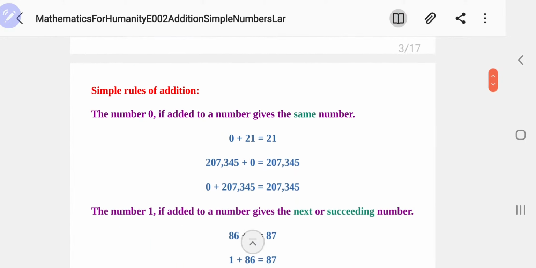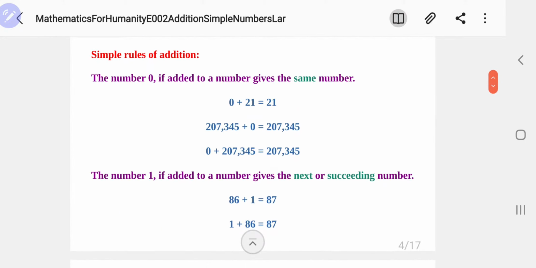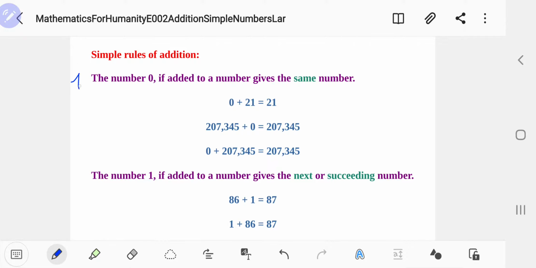Here are simple rules of addition. The first rule is the number 0, if added to a number, gives the same number. Let's look at the examples. You have 0 plus 21 is equal to 21.